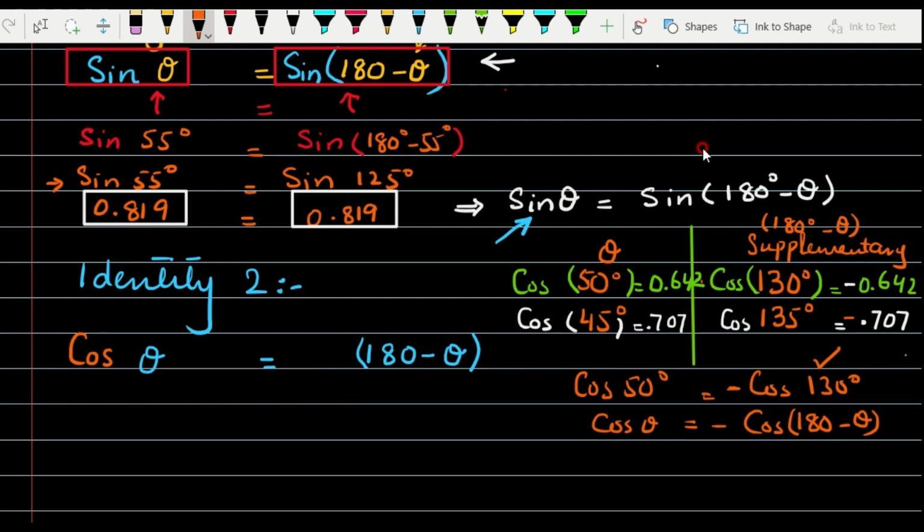We have to put the minus sign because the value is the same but the sign is not. If I place the minus sign here, minus into minus will give us a positive sign, then both sides will be equal. So as per the cos rule, we have to put a minus sign along with it.